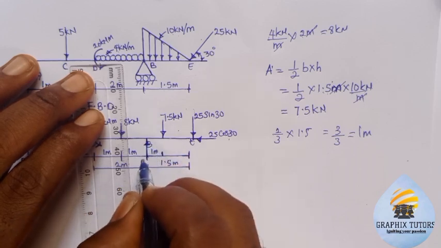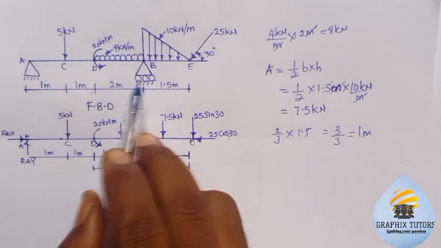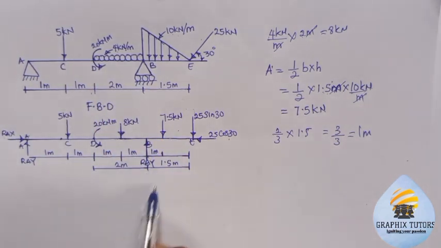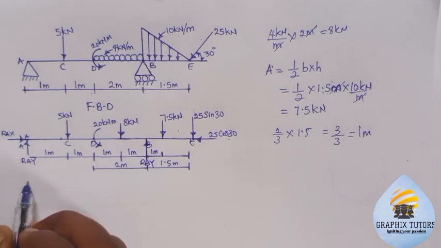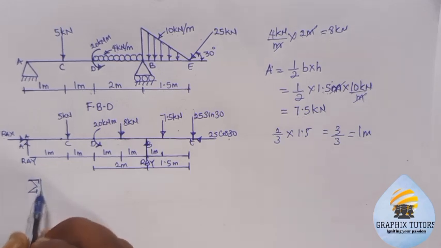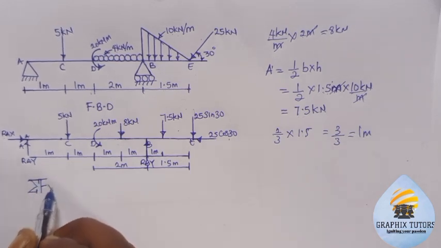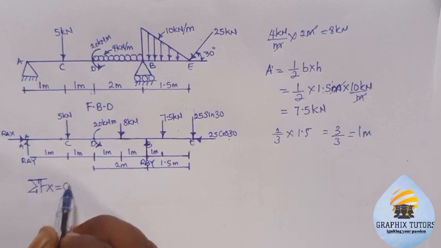At point B, I'll call it my ROBY, since the roller support has just one reaction. Is that okay now? So let's move forward. Now the first condition for equilibrium is the summation of Fx equals 0.